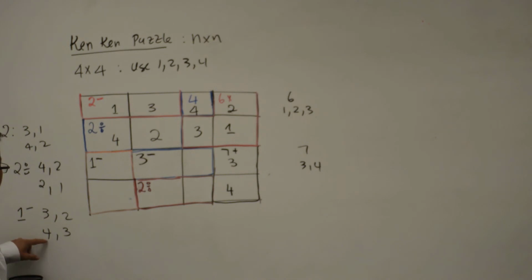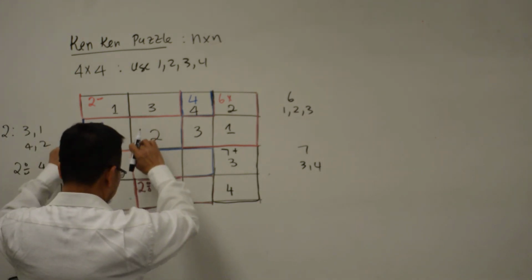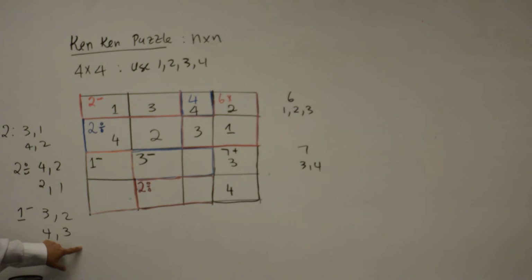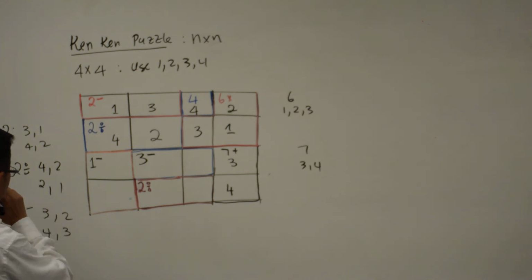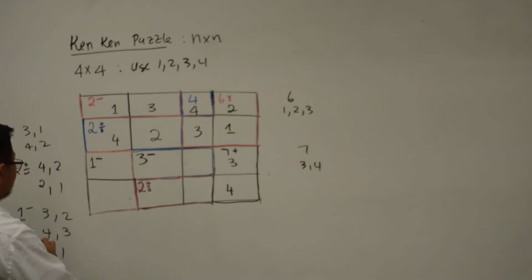I'm sorry, the cage for 1 is from here to here. So 4 and 3, or 2 and 1. Let's try 2 and 1. Okay.